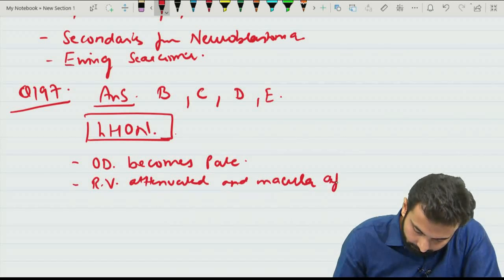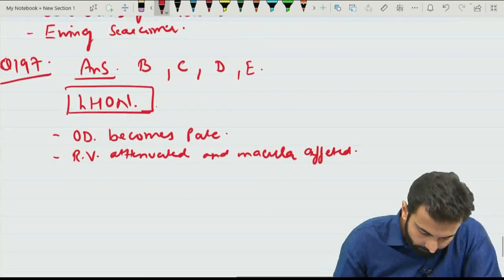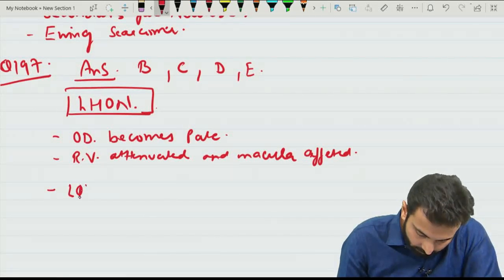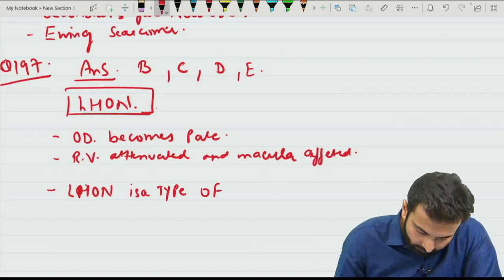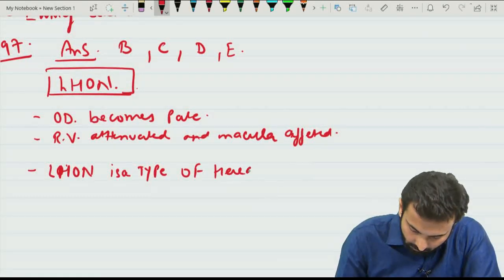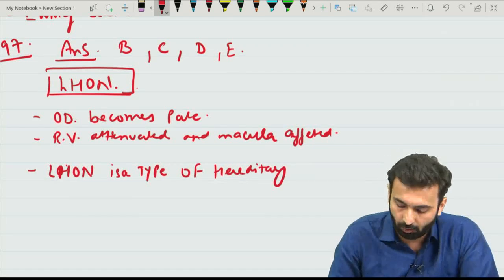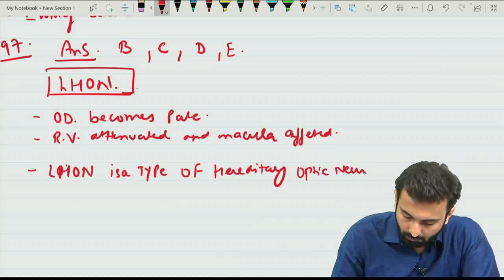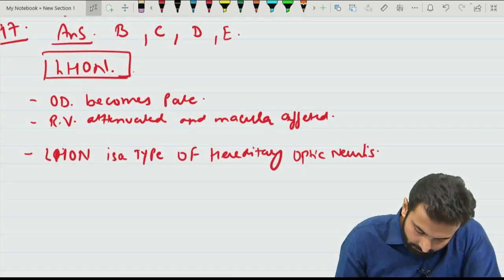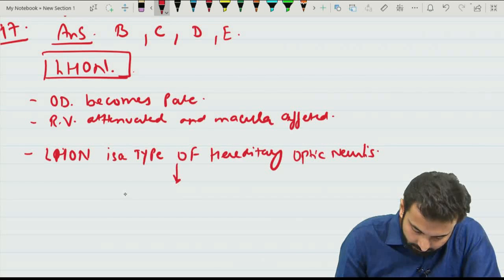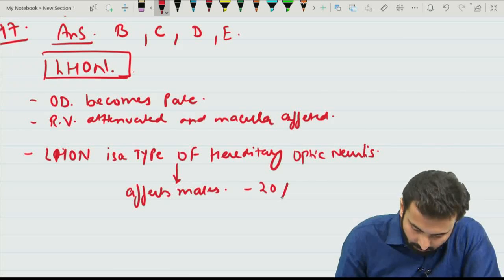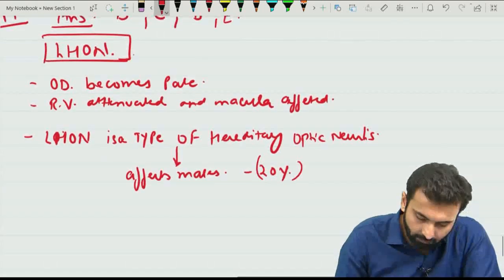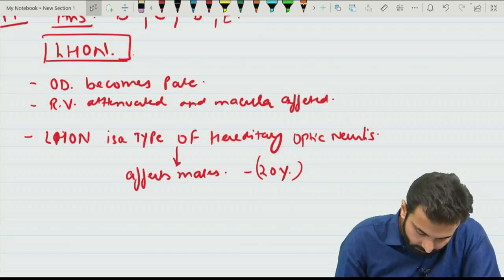It is a type of hereditary optic neuritis, which primarily affects male patients somewhere around 20 years of age.